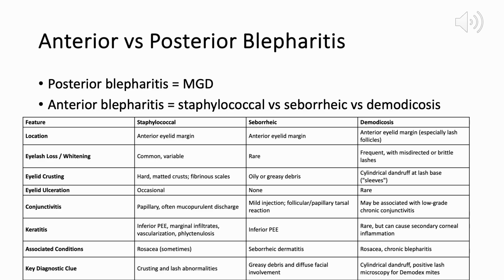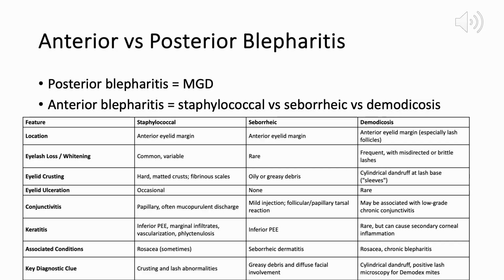Let's break down the differences. Location. All anterior forms affect the anterior lid margin, but demodicosis tends to involve the lash follicles specifically. Eyelash loss or whitening is common in staph, rare in seborrheic, and frequent in demodicosis, often with brittle or misdirected lashes.